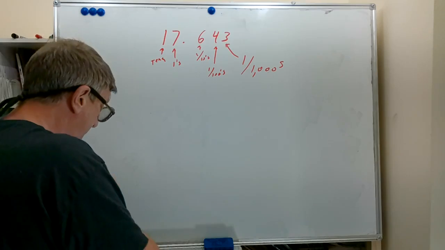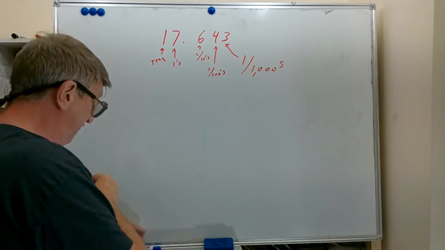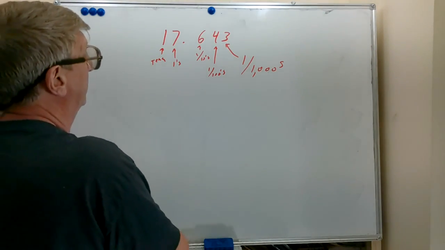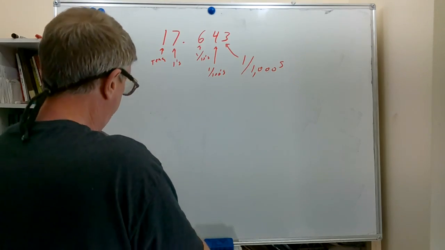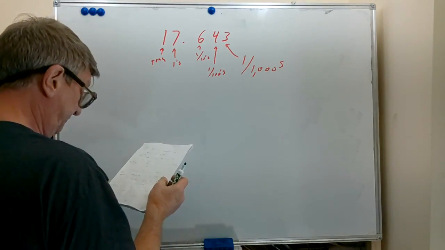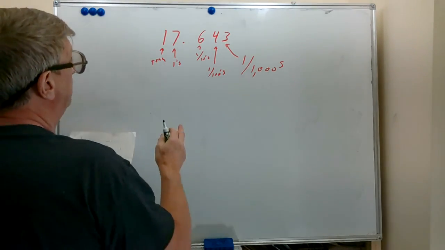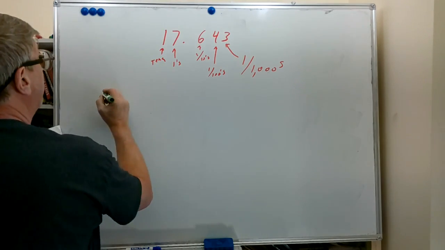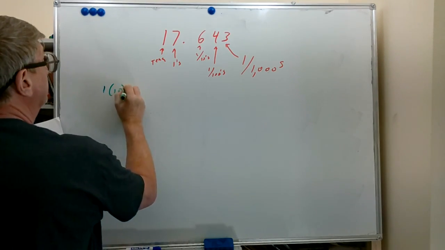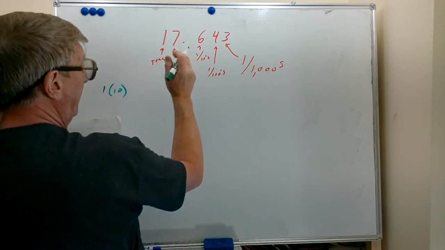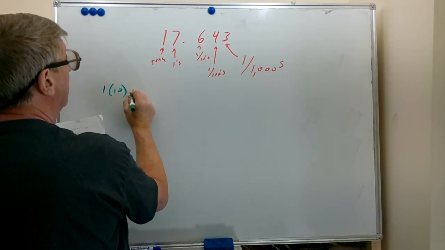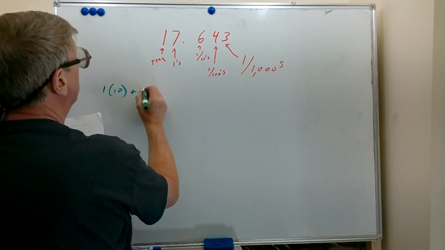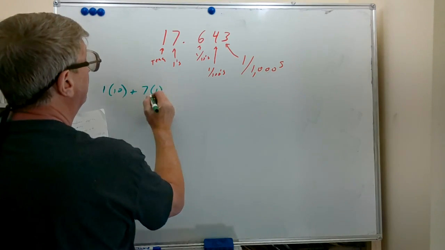So let's lay that out in a format that's a little easier to follow. We have 1 in the tens place, that's equivalent to 1 times 10. 7 in the ones place, and these all sum up, 7 times 1.